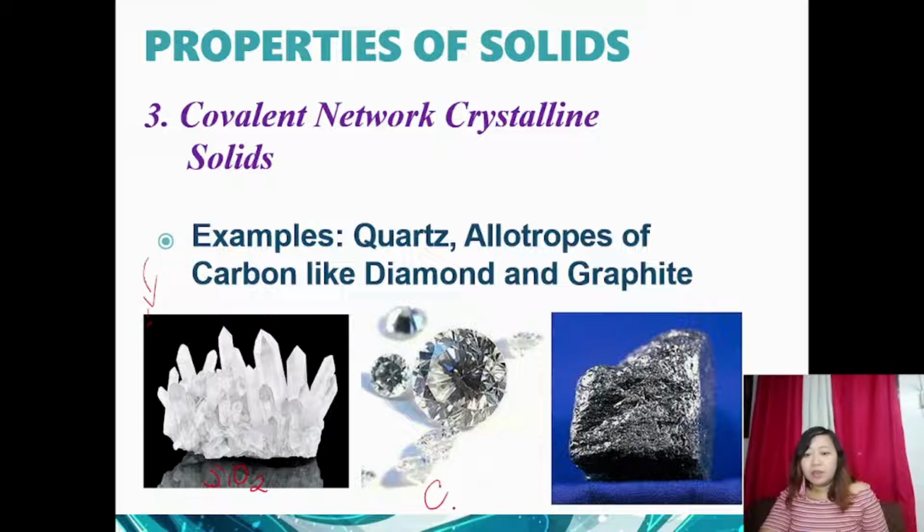And then graphite on the other side. Still the same as the diamond, it is composed of carbon atoms. I will call them carbon allotropes.